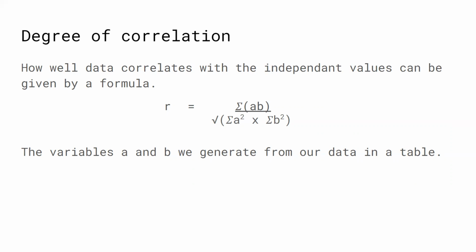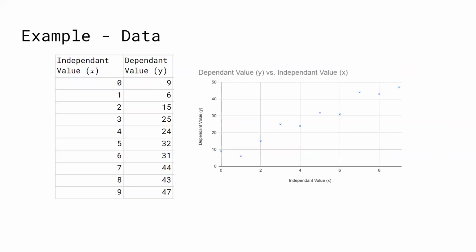So we're going to go through an example. We've generated some data, and I have an independent value x here on the left and a dependent value y. I've then graphed it here, and you can see that there is some degree of positive linear correlation between my independent and my dependent values.